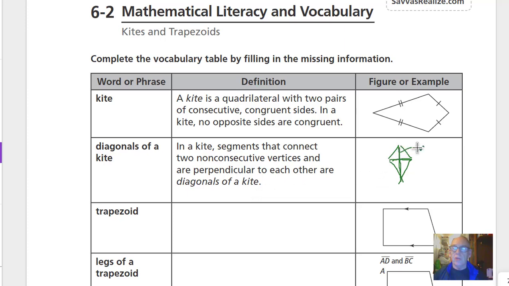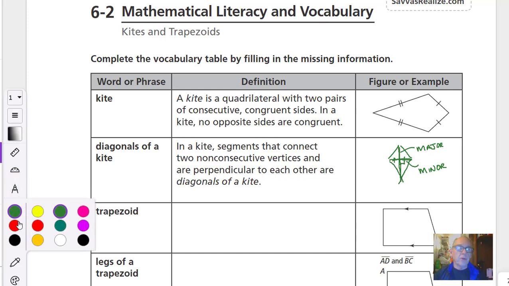This one's major because it's the long one. This one's minor. And they are perpendicular, and the major bisects the minor. So the matching congruent marks, and you got a right angle mark there and a right angle mark there.